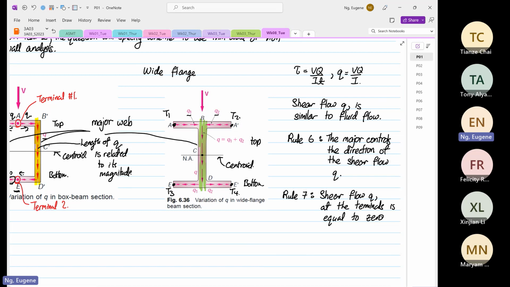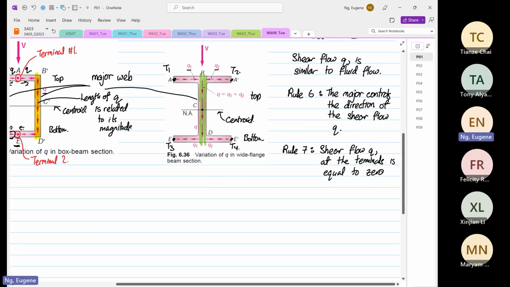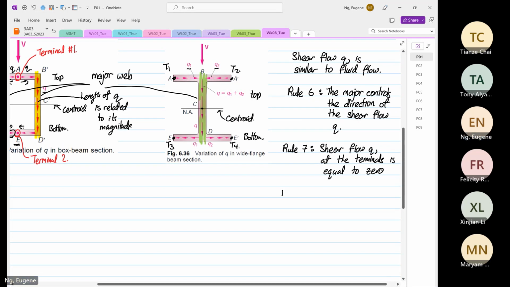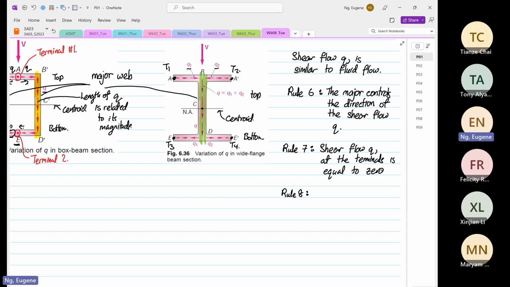Then there's another new rule that I'm going to incorporate. Rule number 8 is the wall thickness orientation.